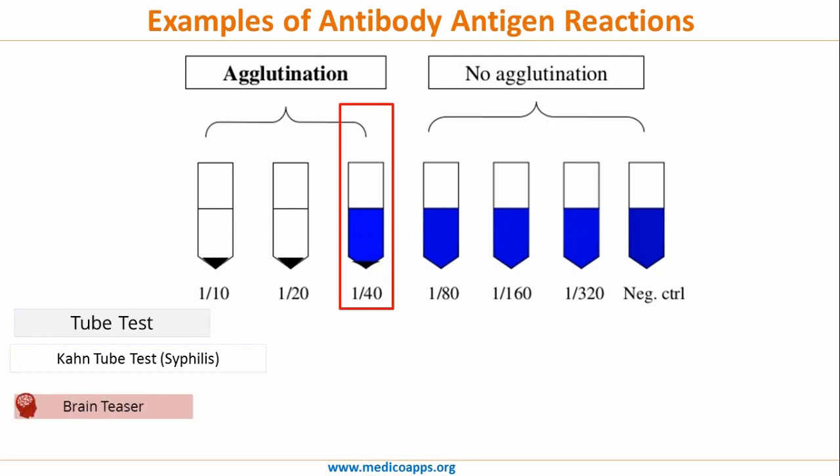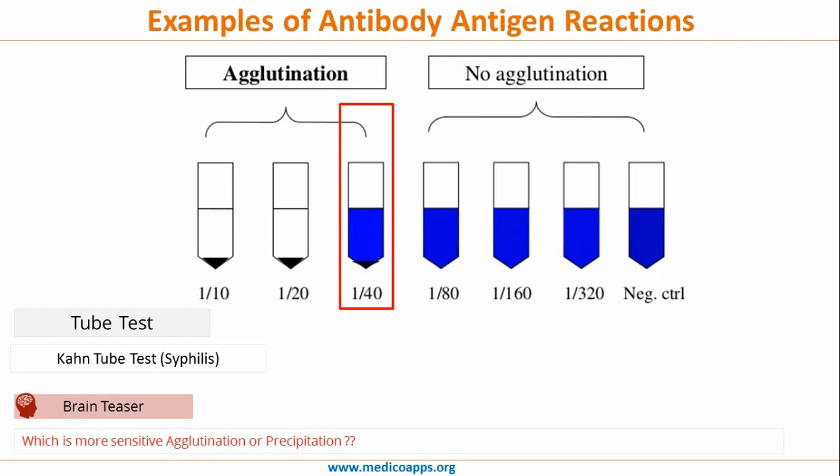One important brain teaser question would be: what is more sensitive, agglutination or precipitation? As already explained, in agglutination the antigen is already large and insoluble, so a very small amount of antibody can make the agglutination happen. That is the reason why agglutination is much more sensitive than precipitation.